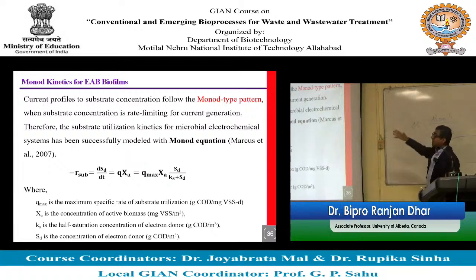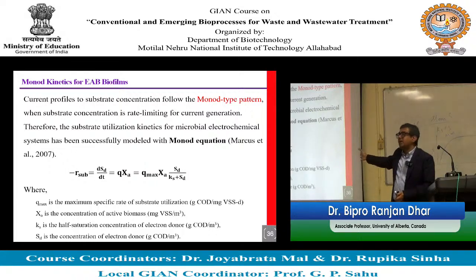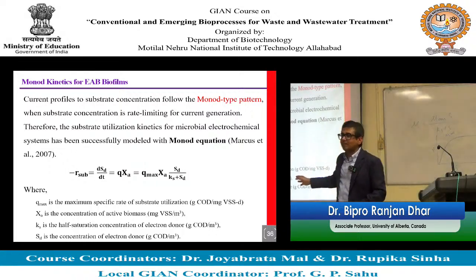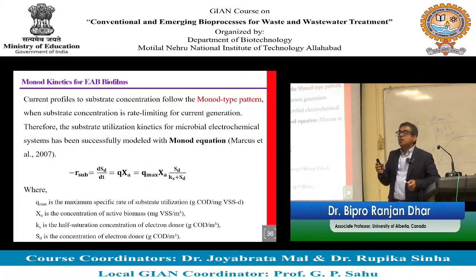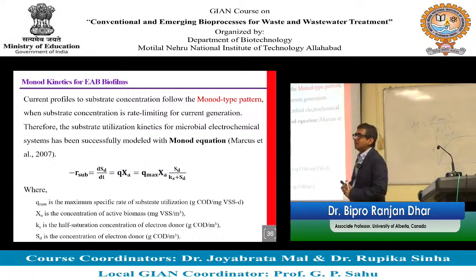And actually it was, as I'm sharing here, that means we can do that. So that's why I was telling you, if you learn the kinetics and how to establish a model equation for one biological system, you can then learn other biological systems very easily. That's the beauty of environmental biotechnology.